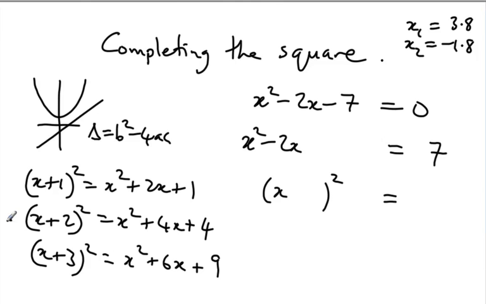So if we're working backwards, and we've got this and want to complete the square by adding that on, you take the 6x and say, the number must be half of that, which is 3. 3 squared is 9, so that's what we add on. So you halve the middle coefficient and then square it. That's the number you add on. So if we halve minus 2, we get minus 1, squared, plus 1. So that's completing the square.